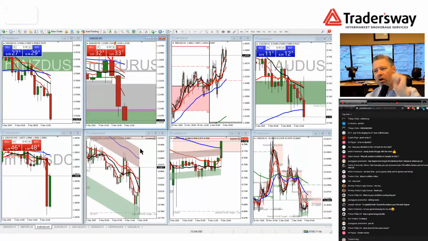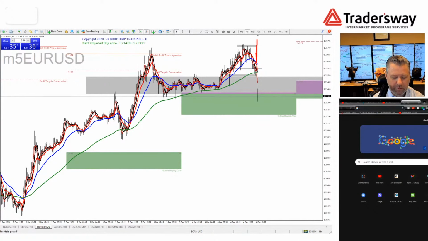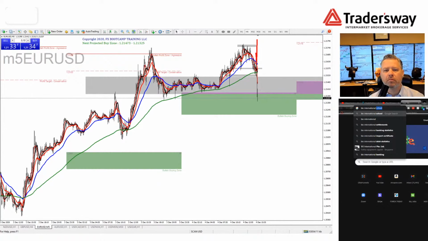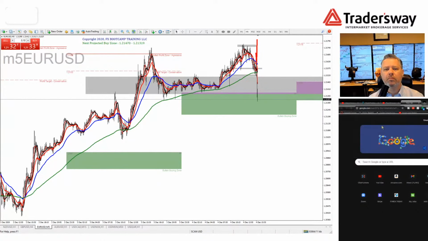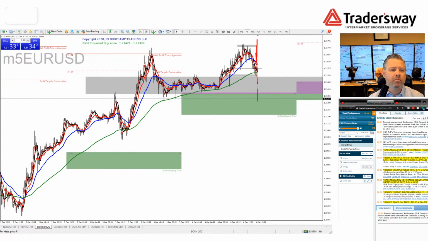Bank for International Settlements General Manager Carstens. No way. Do you know if it's the same Carstens that used to run the Bank of Mexico? BIS, let's look that up. What I want is an overview of the people.